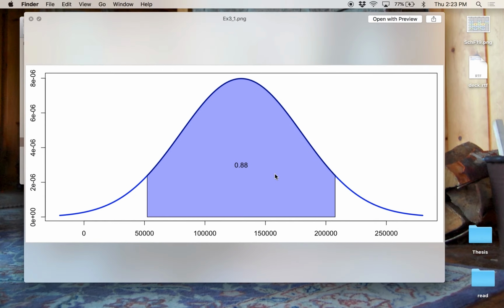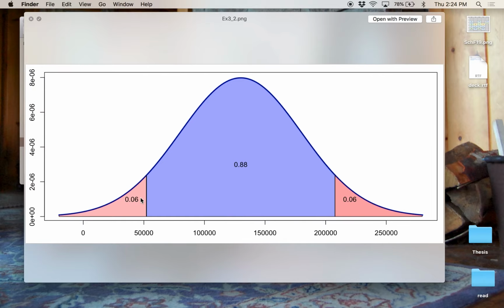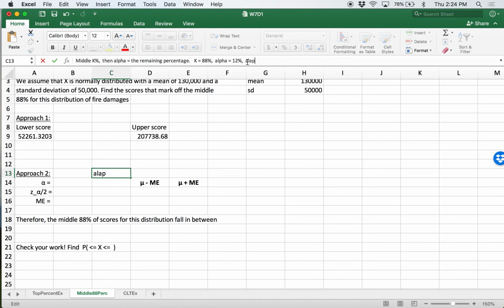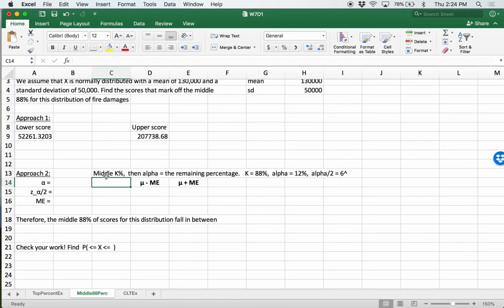If 88% is in the middle, how much is left over? Well, we've got alpha, which is 12%. And then the idea is we need to split that into two pieces. So alpha over 2 ends up being the 6% that we end up labeling our tails with.